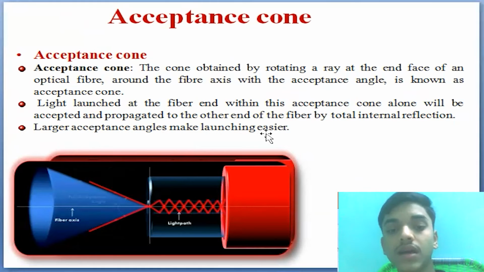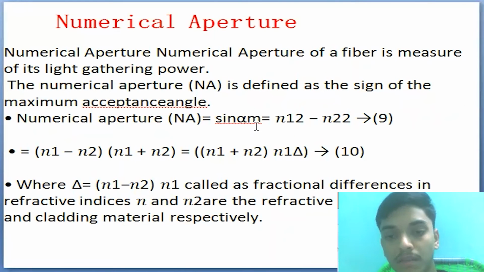That means the larger the maximum angle, the easier it is to launch. So numerical aperture means the larger the cone of space, the more the gathering of light.